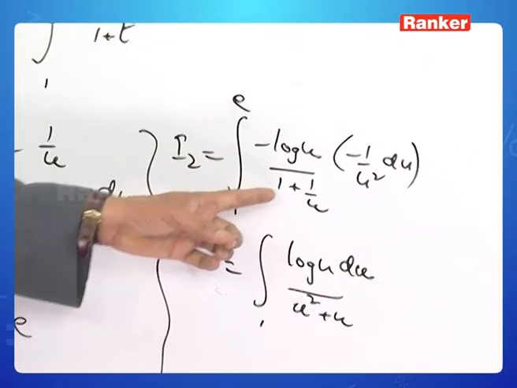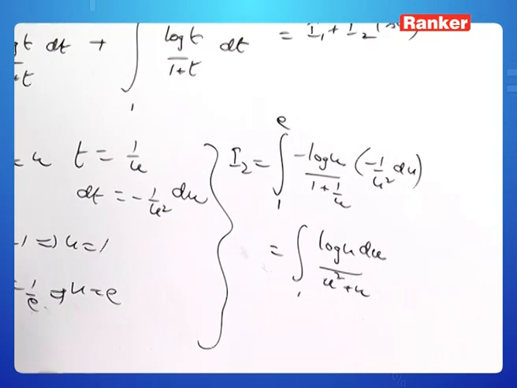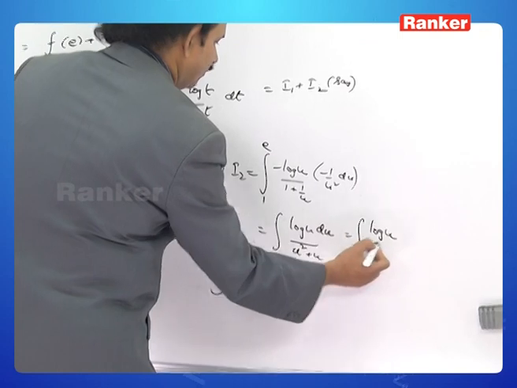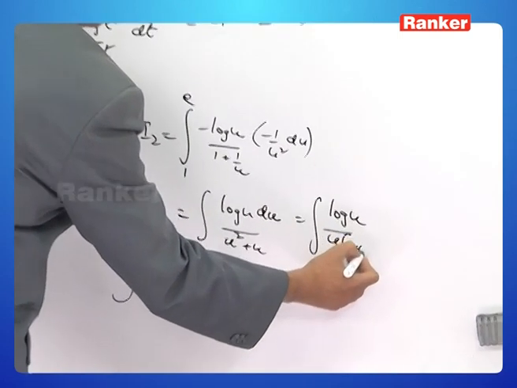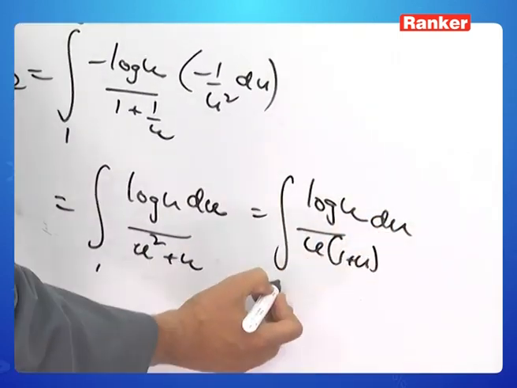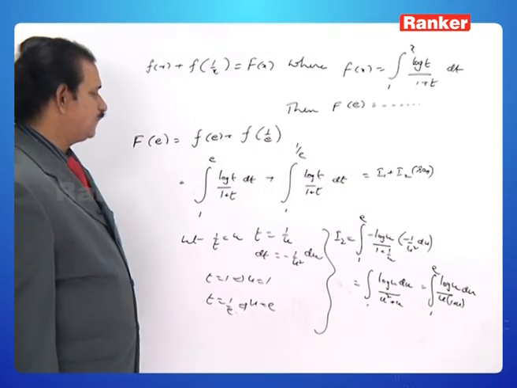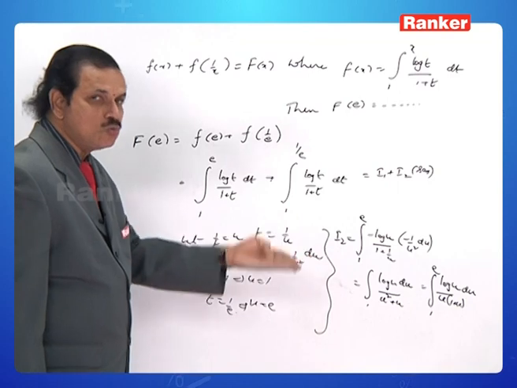U square into 1, u square into 1 by u. So that is the integral of log u by u into 1 plus u du between the limits 1 to e. So far we have been simplifying I2 only.